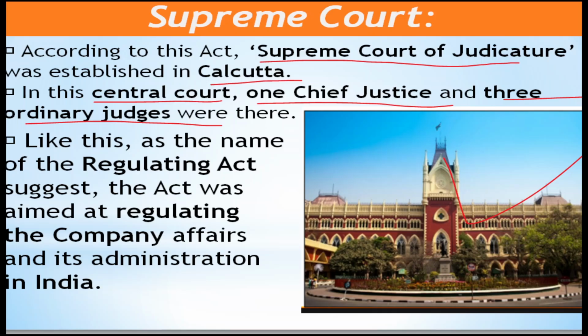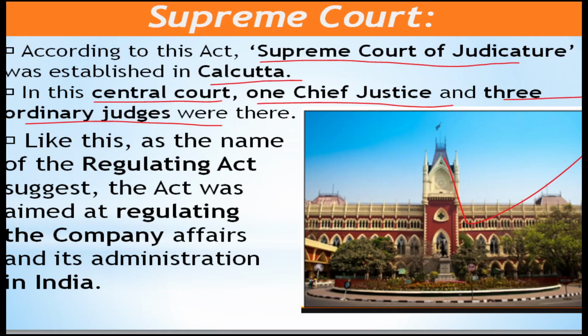Regarding the Regulating Act, there are three things you have to remember here. Before this, there were three presidencies, Bombay, Madras and Bengal, which were independent administrative units. But after the Regulating Act, the Bengal presidency had control over the other two, and the Governor General of Bengal became the Governor General of all three.